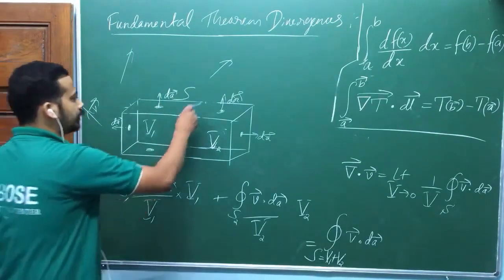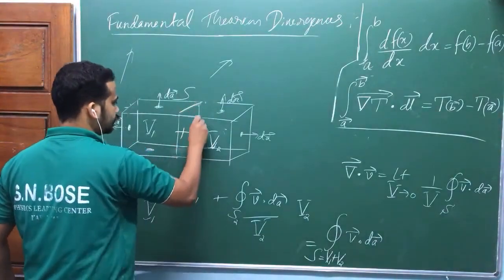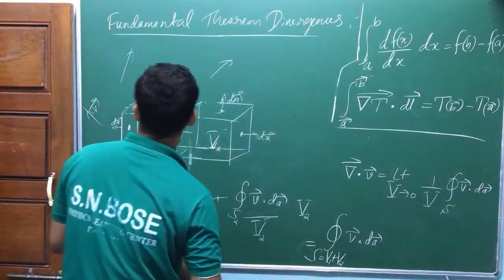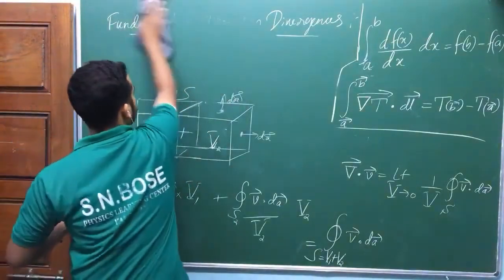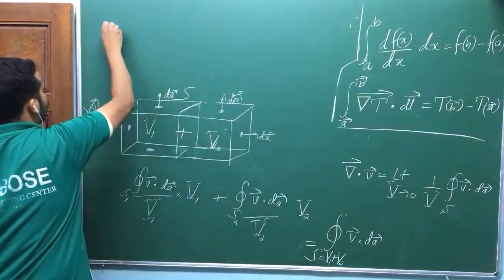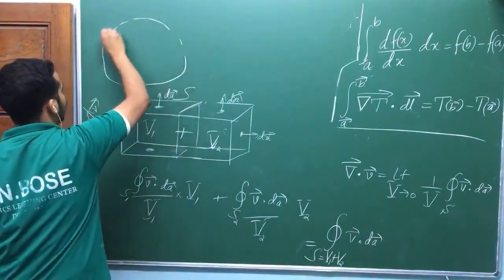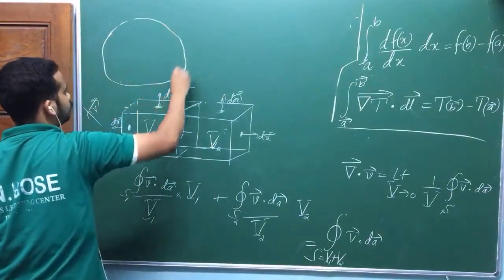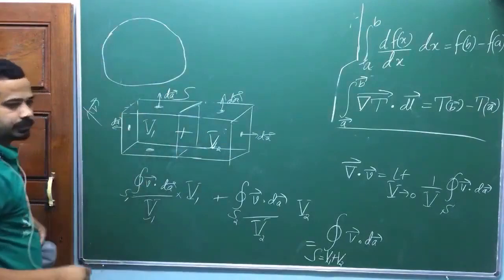Now what I do is, I need some more space. I have a volume, and I have a vector field.